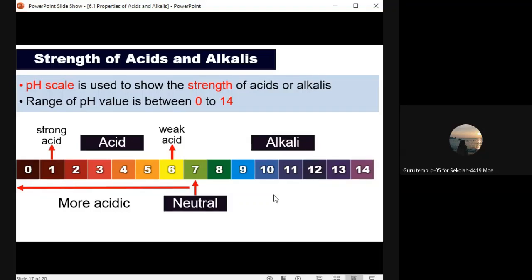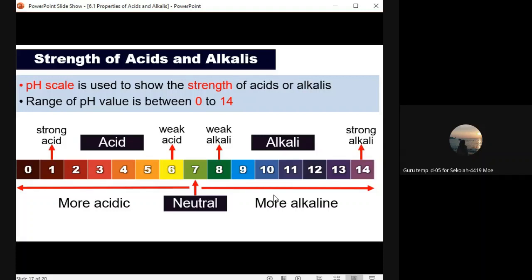Same goes to alkali. Okay, if it is away from 7, it will become more alkaline. Okay, so for alkaline, pH 8 is a weak alkali because it is closer to 7, and pH 14 will be a very strong alkali because it is very further away from 7.